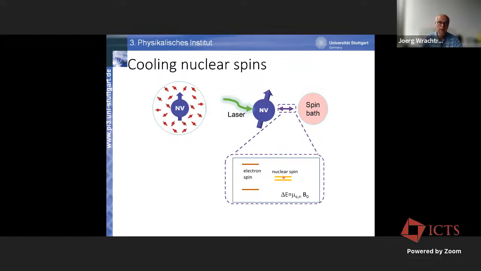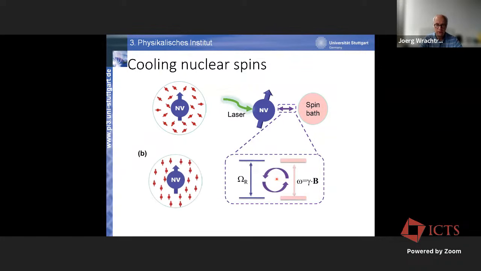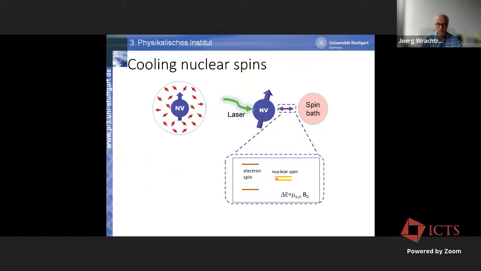What you need to do for an efficient transfer is to force the electron and the nuclear spin onto the same energy scale. And the way you do this, that's a trick from quantum optics, is you strongly drive the electron spin. By this, you generate a dressed state, which is a new energy scale.